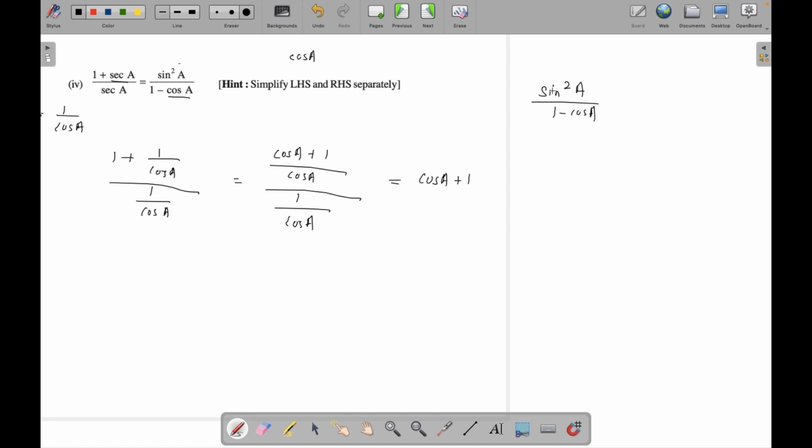You have cos a in the denominator and sine a in the numerator, so you have to convert sine a in terms of cos a. So we'll use the identity sine square a plus cos square a equals 1. So we'll get sine square a is equal to 1 minus cos square a, right? And then we have 1 minus cos a.